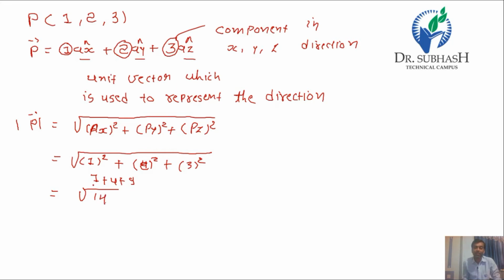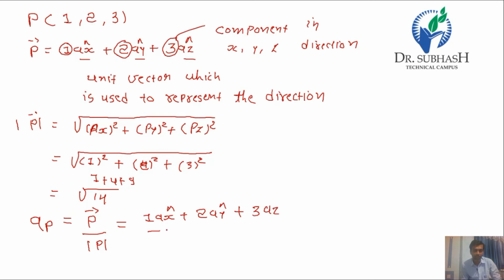And if we require to find the unit vector of point P, it can be represented by the small letter a with the subscript of that vector, and its general formula is that vector itself divided by the magnitude of that vector. Here vector P is 1ax plus 2ay plus 3az, and the magnitude of P is the square root of 14.